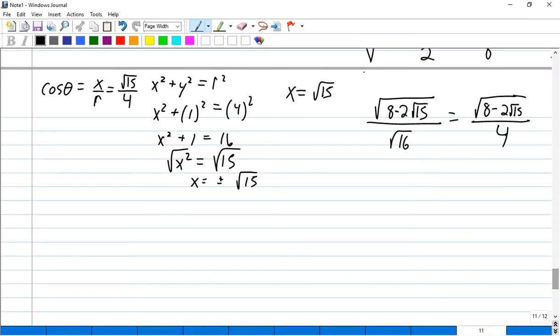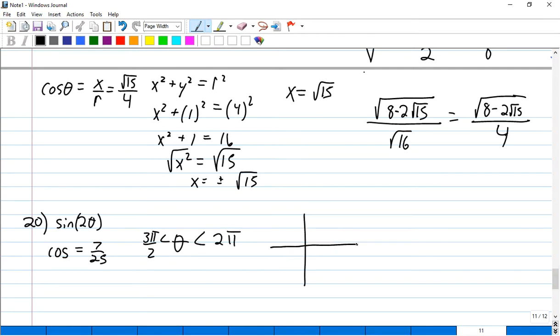All right. Number 20. Find the sine of 2 theta. And it tells us that the cosine of theta equals 7 over 25, and that theta is greater than 3 pi over 2, but less than 2 pi.